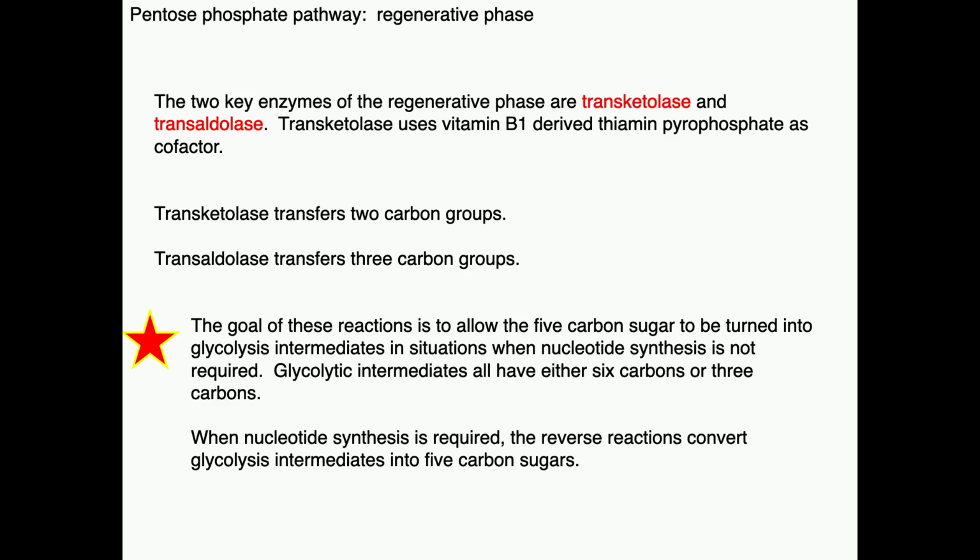Aldolase is our enzyme that cuts a 6-carbon molecule into two 3-carbon molecules. So transaldolase transfers 3-carbon bits of a molecule from a substrate to a product. The basic goal is to turn 5-carbon sugars into either a 3-carbon or a 6-carbon intermediate of glycolysis, by adding and subtracting 2 carbons or 3 carbons from the different substrates. I'm just going to show some examples.